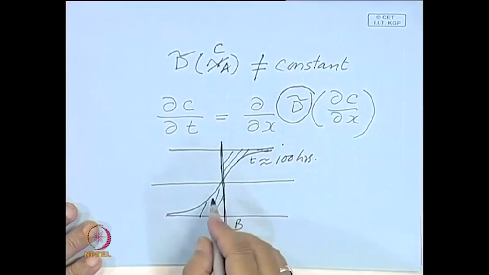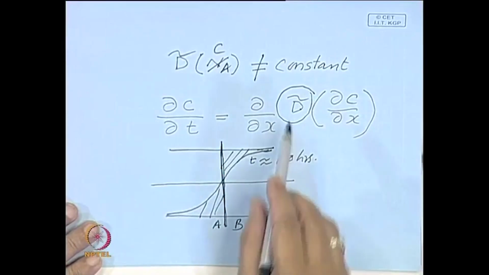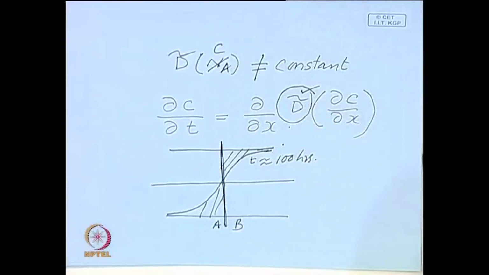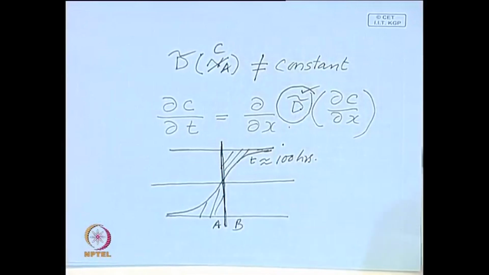But in most cases we will find that this is not symmetric, which indicates that this diffusivity, or what is called the interdiffusion coefficient, is actually a function of composition.